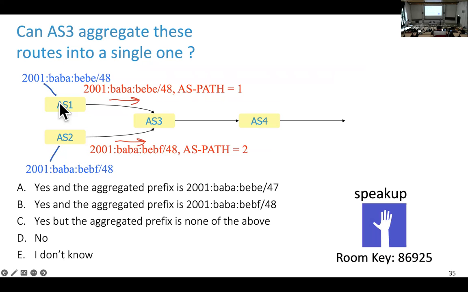They will announce these routes to AS3. Imagine they pass the import filter and were accepted by the policy of AS3. So AS3 will receive these two new routes, which can potentially be aggregated. I'm asking you, if these two network prefixes can be aggregated, what would the aggregated prefix be?